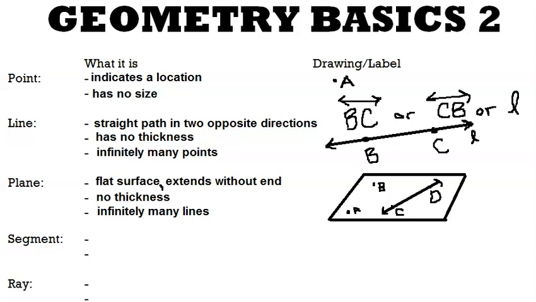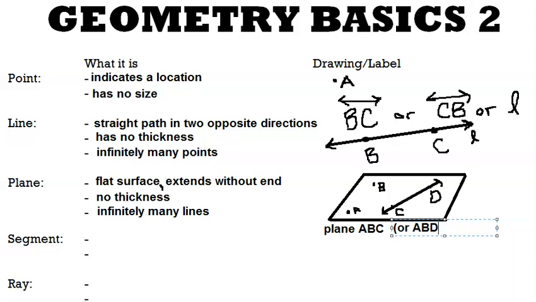Now, this is where things get kind of weird. When you name a point, you use one letter. When you name a line, you use two letters. So I guess it sort of makes sense. When you name a plane, use three letters. Find 3 points that are on the plane, and that's how you give it a name. Now, this is where it gets tricky.